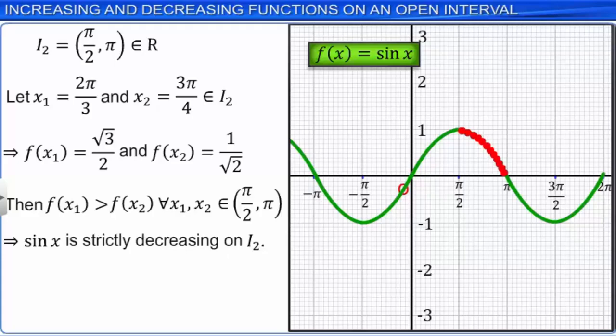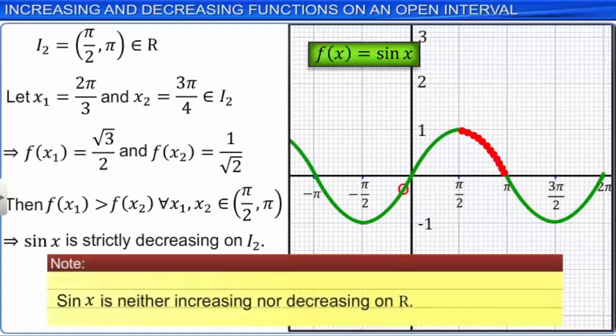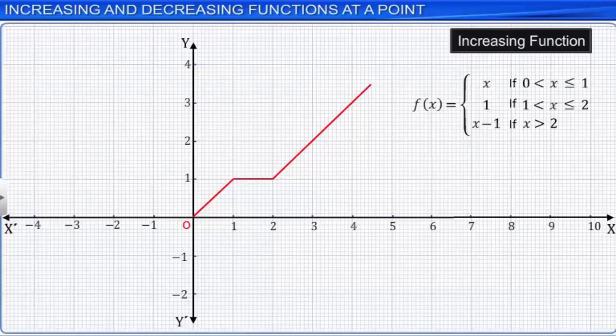This means that sin x is partly increasing and partly decreasing on domain R. Hence, we can conclude that sin x is neither increasing nor decreasing on R. You have already learned to find the nature of a function in a given interval.